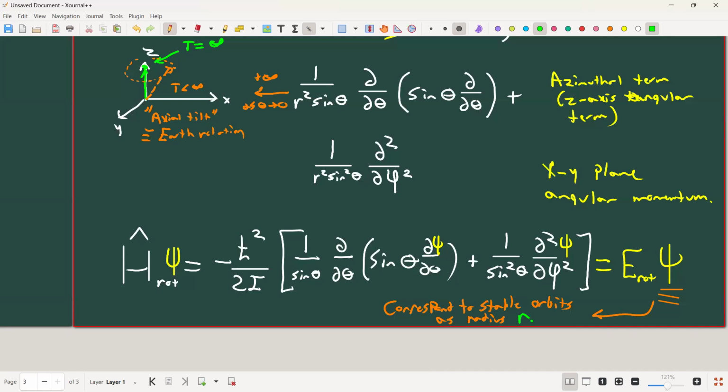Okay. I don't want to write down the equation for the wave function. Don't really need to worry about what the equation looks like just yet. We will. Instead, I want you to get a physical sense of what these solutions look like. What do these stable orbits look like? And then we'll go back and look at the math.